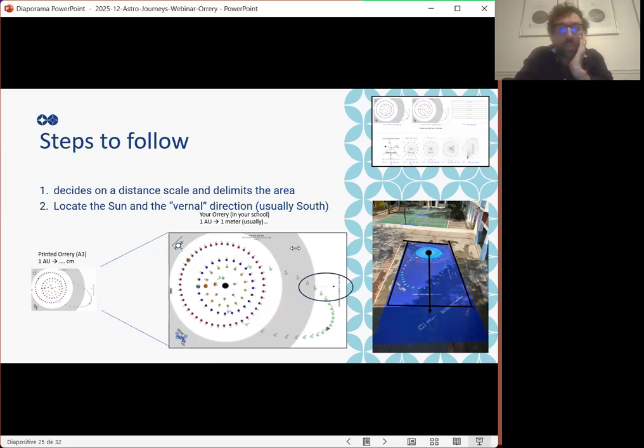And then you also have to decide the direction, because when you do a map, you always have a direction. So this is a very special direction called the vernal direction. I let you check on Wikipedia what it means. But this is an astronomical direction. Usually, we put it towards the south.